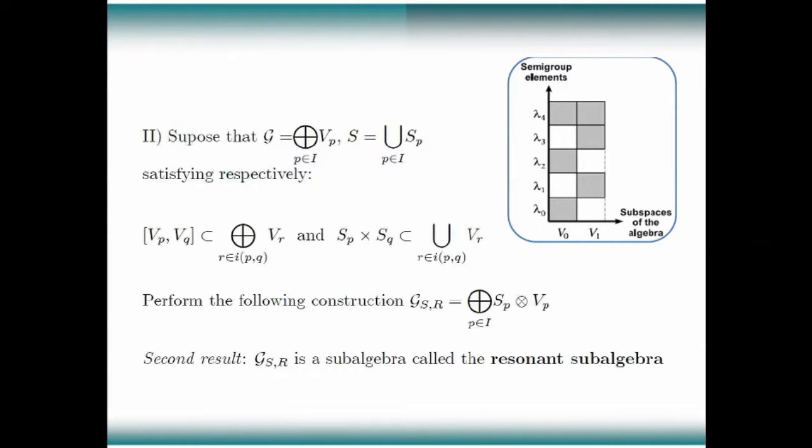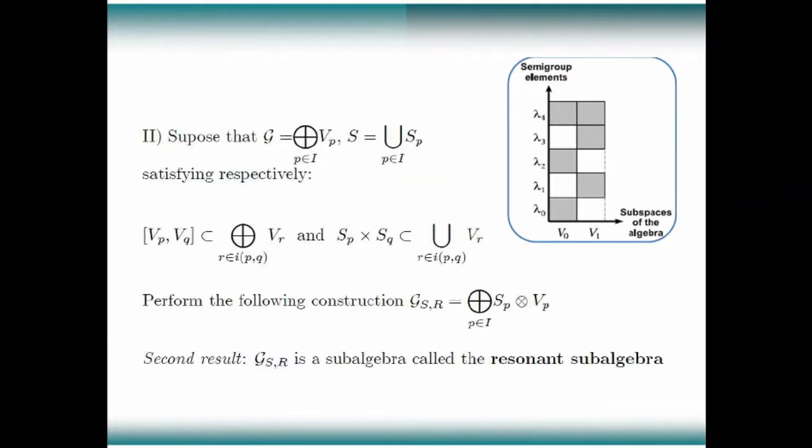Then suppose that the algebra has a particular decomposition in a number of subsets, that is the direct sum of some subsets, and that the semigroup also has a decomposition. In particular, this subset decomposition has some structure regarding the product, and the semigroup has the same structure regarding the multiplication.